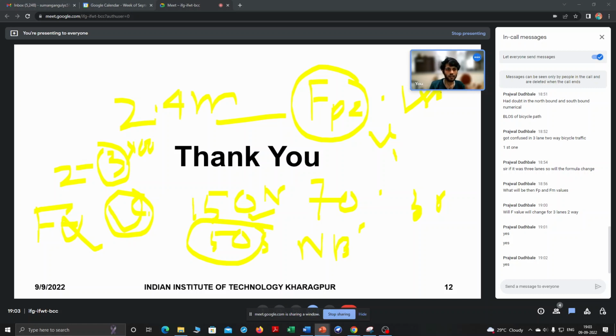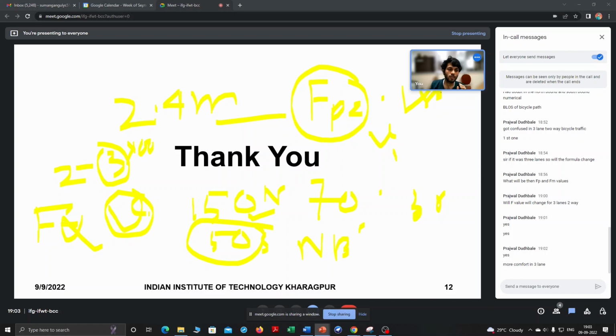Suppose you have constant volume, it is more comfortable in 3-lane. Now think that your 3-lane level of service criteria is level of service A. Do you think that for the 2-lane it will be A? It should be worse than A, right? It should be B or C or something, isn't it?